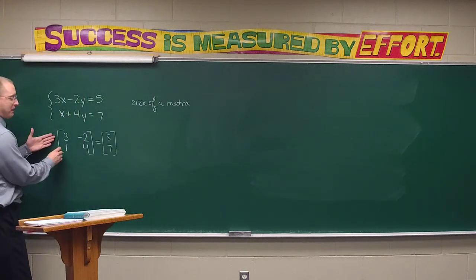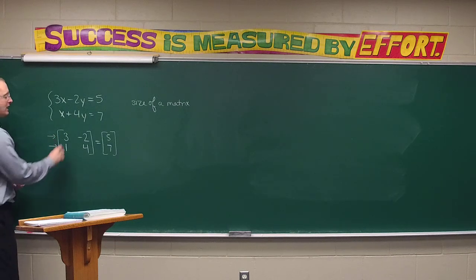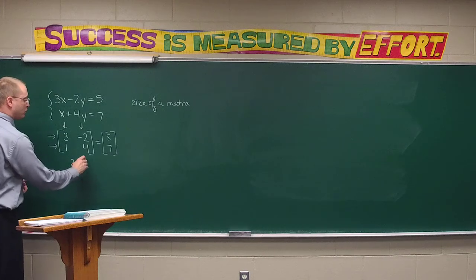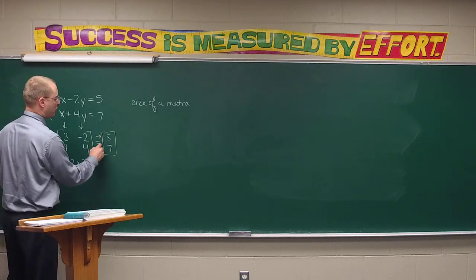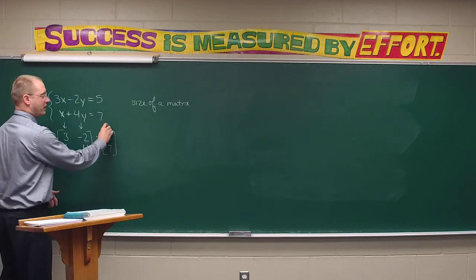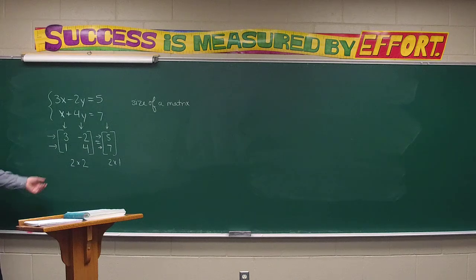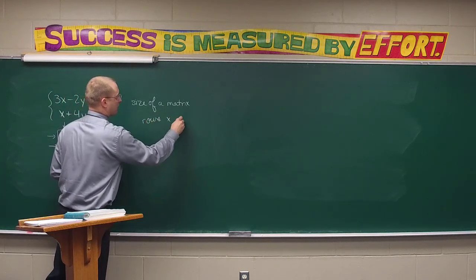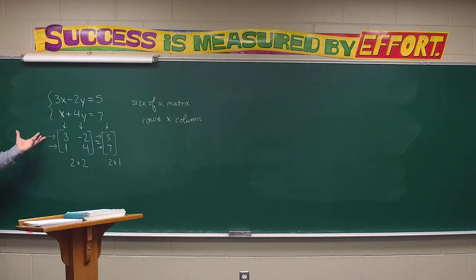For instance, this matrix here has 2 rows. It also has 2 columns. We would call this a 2 by 2 matrix. This little matrix here has 2 rows and 1 column. This would be a 2 by 1 matrix. Number of rows by number of columns. And that's how we define the size of a matrix.